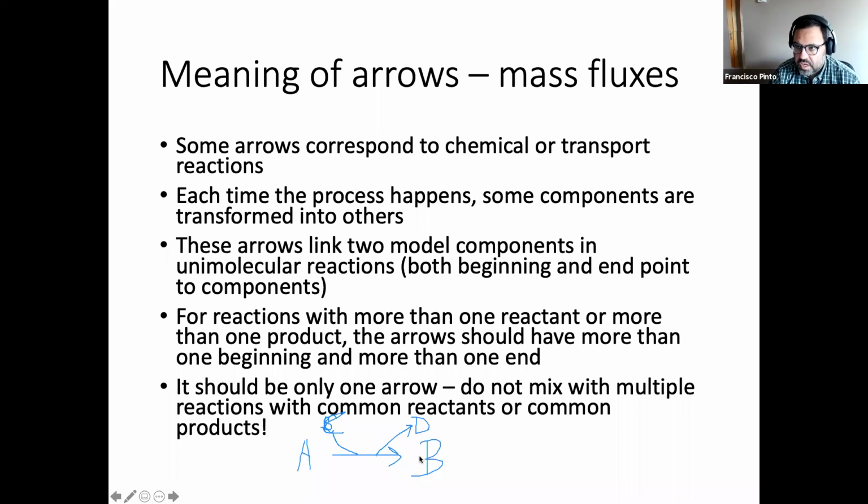And sometimes you have to be careful because this is not well represented in the conceptual model. Another thing that is not well represented in conceptual models sometimes is stoichiometric coefficients.